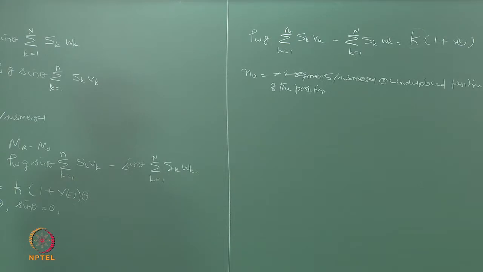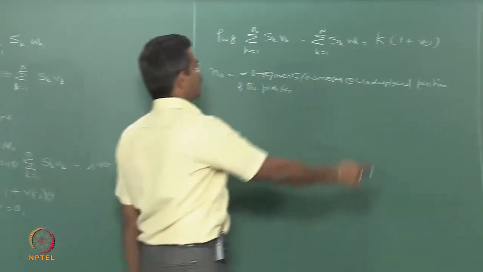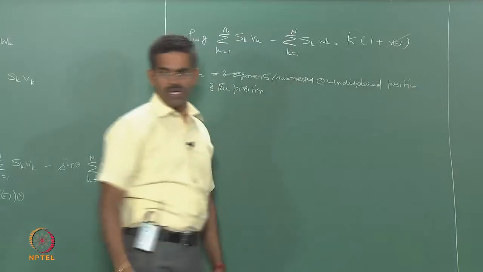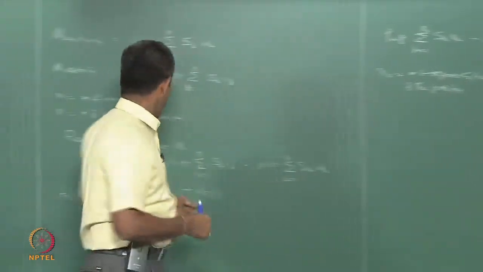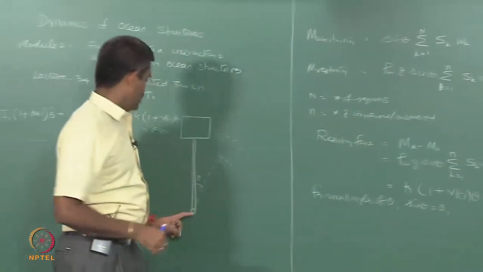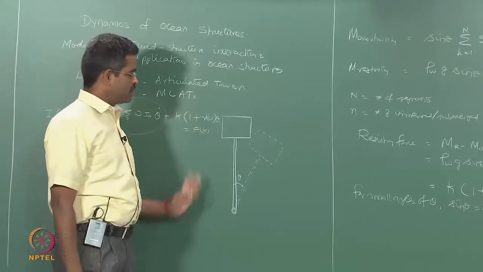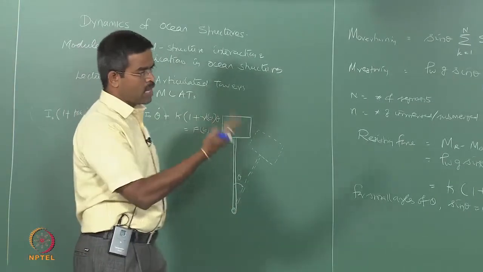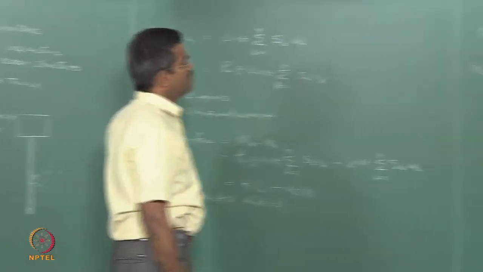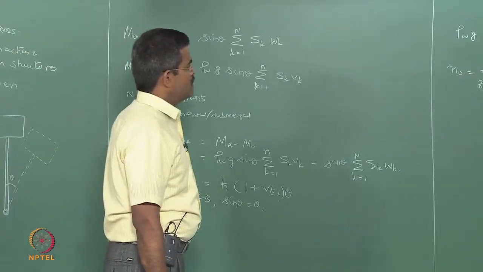The moment I say undisplaced portion, obviously we all know that RT will be set to 0 automatically, because RT is an invoked stiffness, additional, of the spring or the hinge joint when the platform is displaced. Therefore that will be set to 0, and K will directly become the value given by this equation.